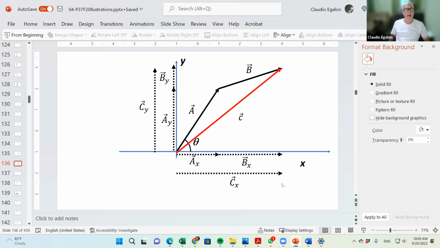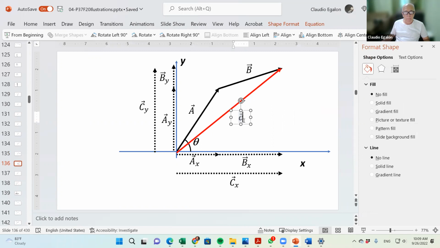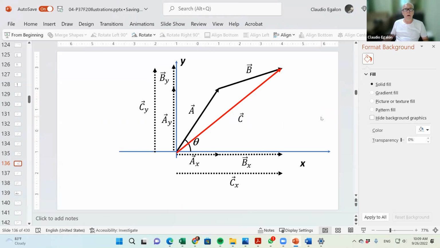Look, now we have a mathematical way of determining the resulting vector C, which is A plus B. Here you go, capital C. Vector C is going to be the summation of A and B. And by the way, the x component of C is going to be the x component of A plus the x component of B. See that here?